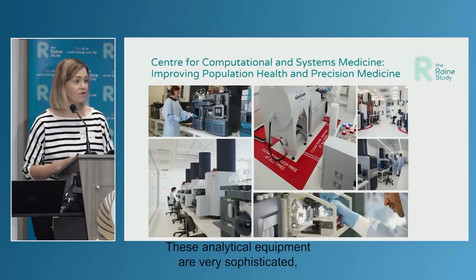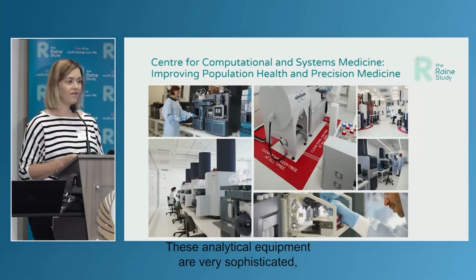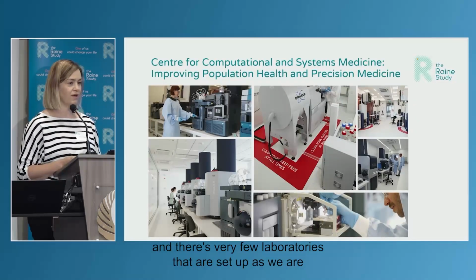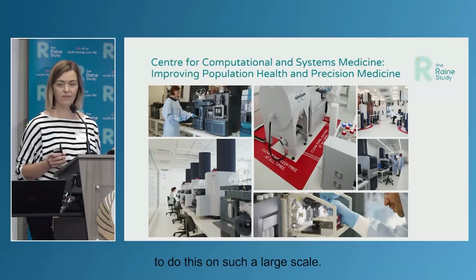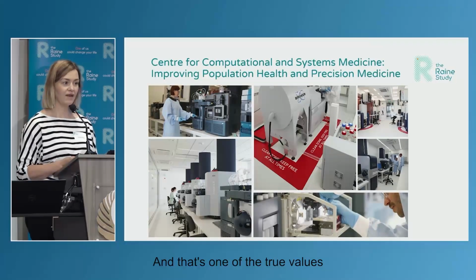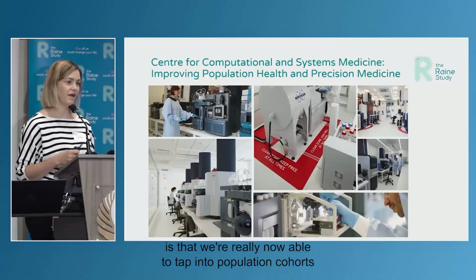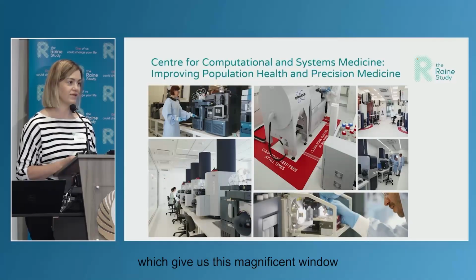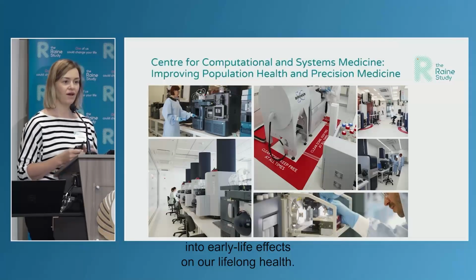These analytical equipment are very sophisticated, and there's very few laboratories that are set up as we are to do this on such a large scale. And that's one of the true values of the operation that we're running, is that we're really now able to tap into population cohorts and longitudinal studies, which give us this magnificent window into early life effects on our lifelong health.